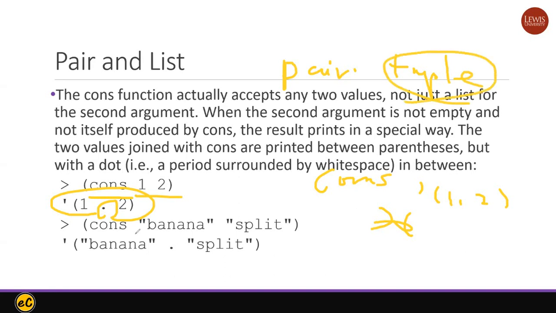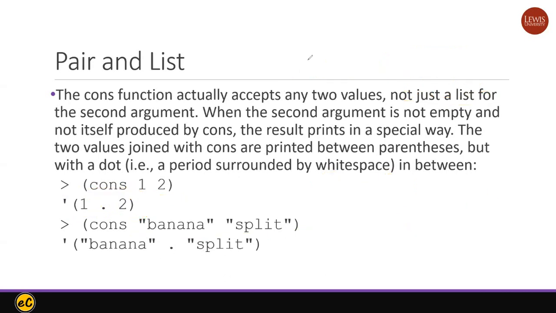So cons banana split, you create a pair. So pair is a compound data type, but it's not a list. It's actually called pair. It's a two-entry tuple.